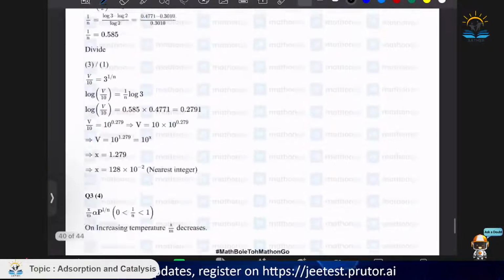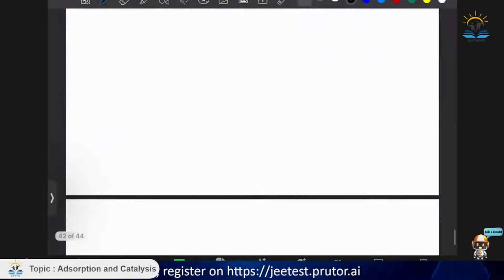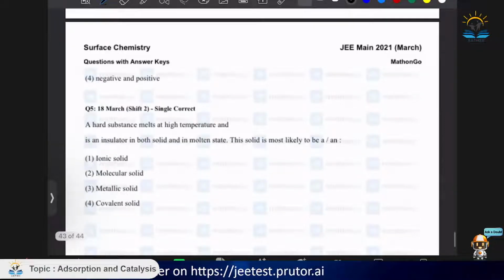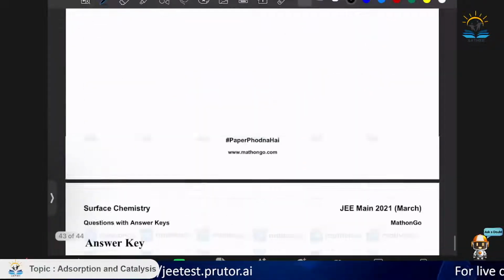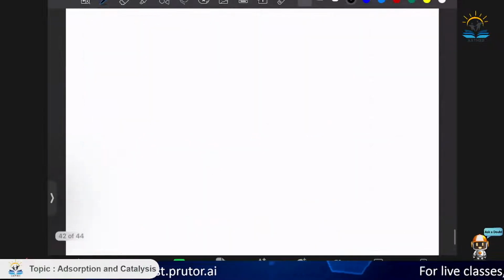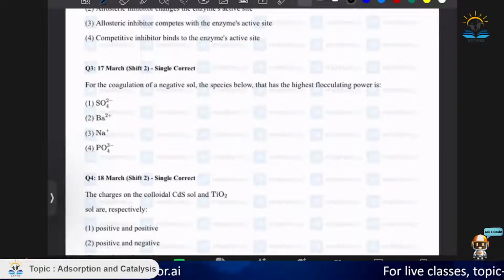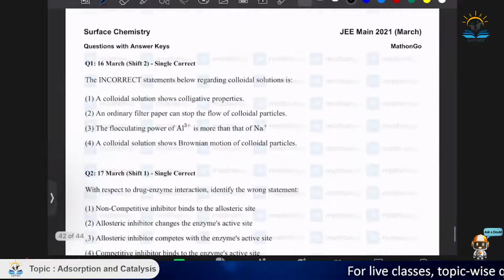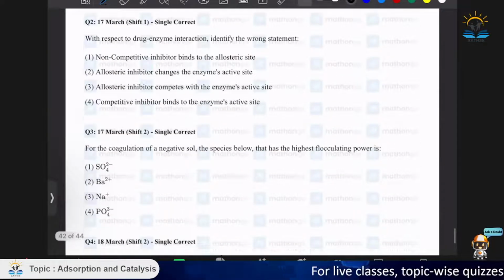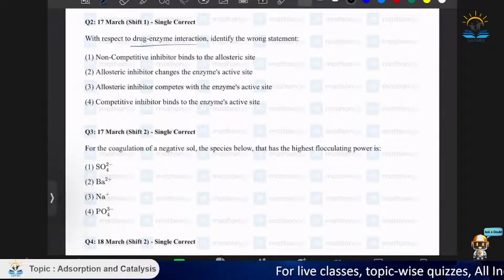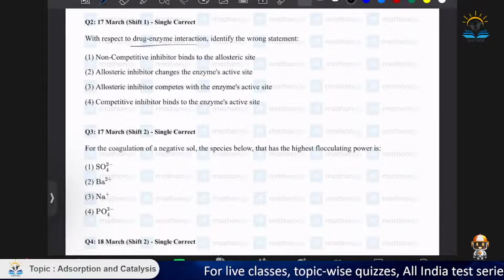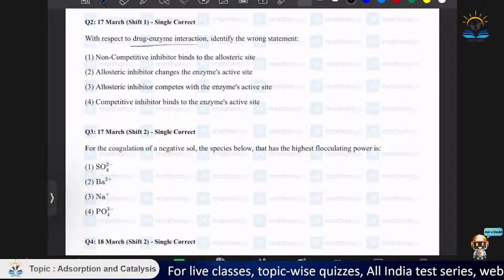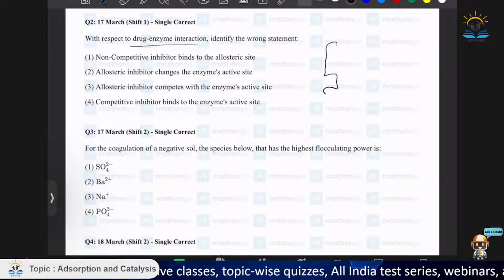Now, moving to the next. Colloid drug enzyme interaction. Non-competitive inhibitor binds to the allosteric site. What is a non-competitive inhibitor? It won't compete with the substrate.